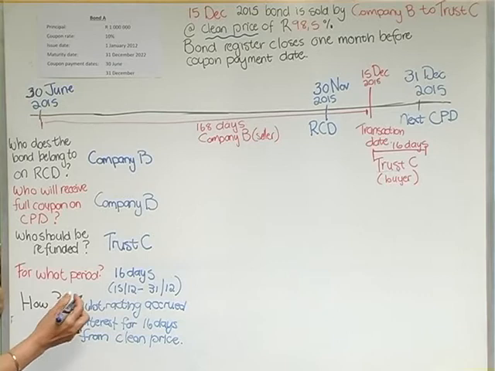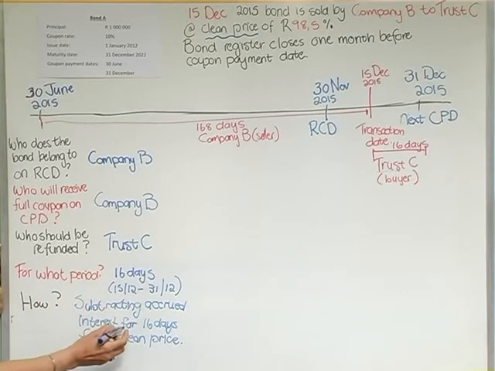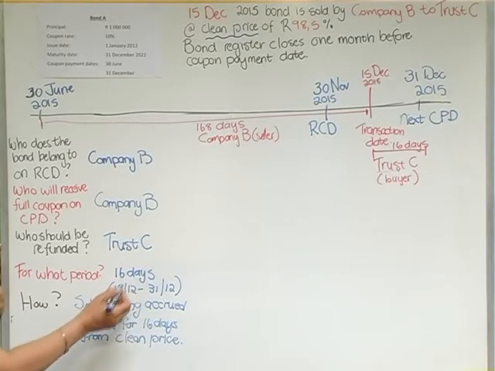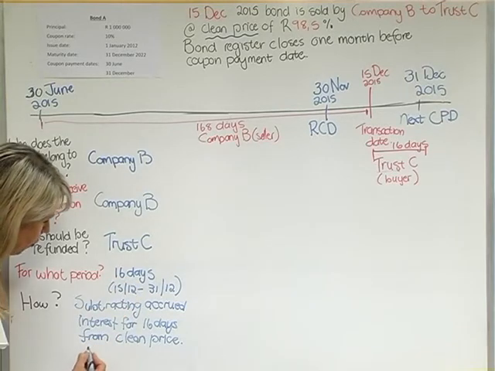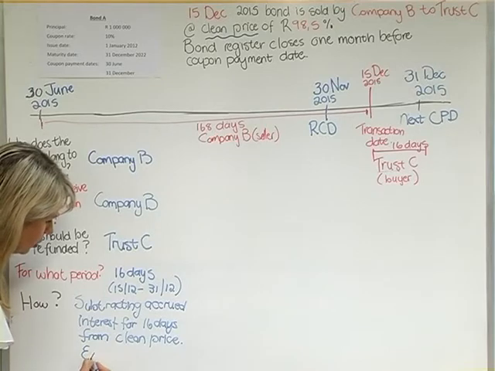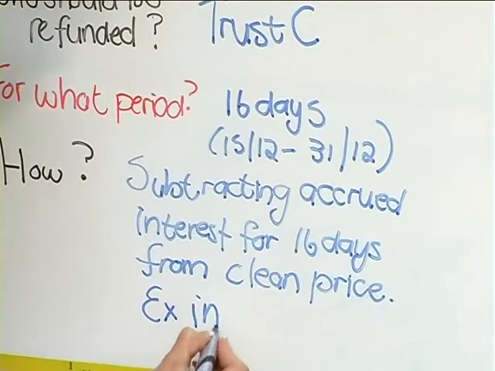Therefore, to calculate the all-in price, you will take the clean price and subtract the accrued interest, and therefore we say that this bond will trade X interest.